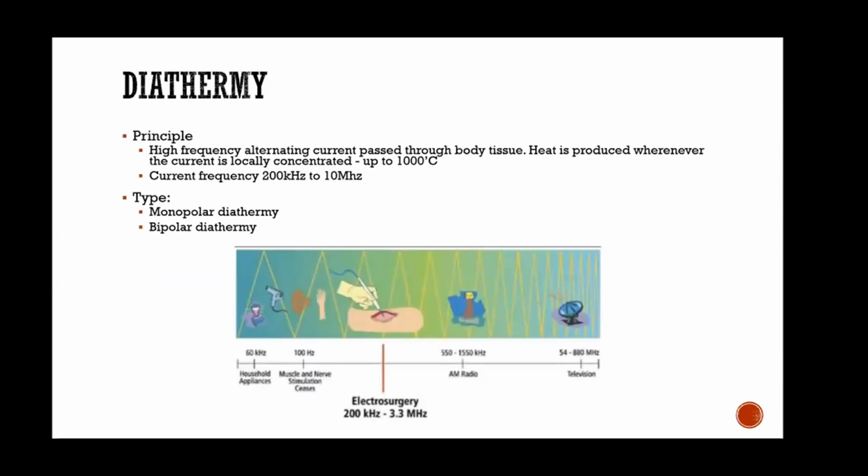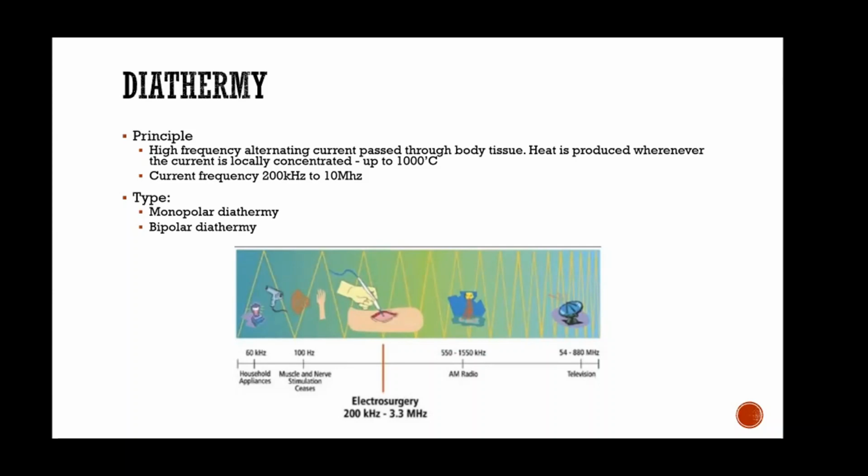Okay, we go first to diathermy, which is the electrosurgery energy device. What is the principle of diathermy? Diathermy is a high frequency alternating current which passes through body tissue, and the heat is produced from the energy of the electric current.